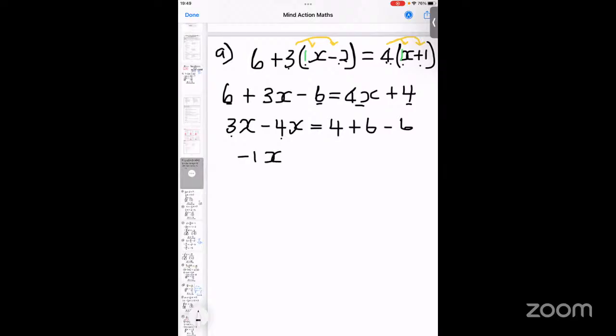Remember, x is equal to, looks like that cancels with that, then you just remain with your 4. You therefore divide both sides by negative 1. Why? Because you want to remove it completely so that you remain with your letter, which means 4 divided by negative 1 gives you negative 4. And that is the end of it.